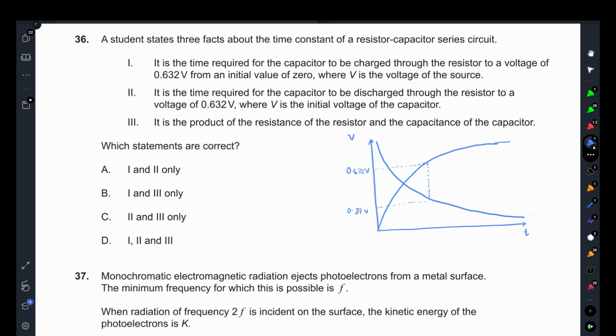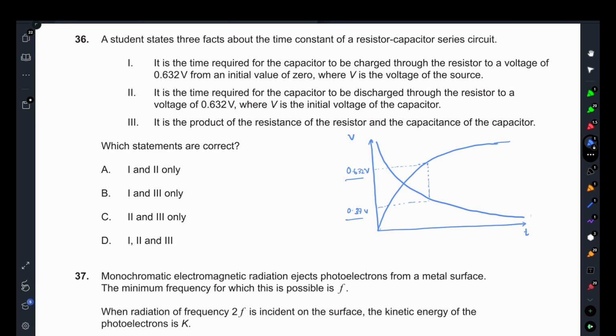Now, these constants stem from the formula in the data booklet, which is V is equal to V naught e to the power minus t by tau.